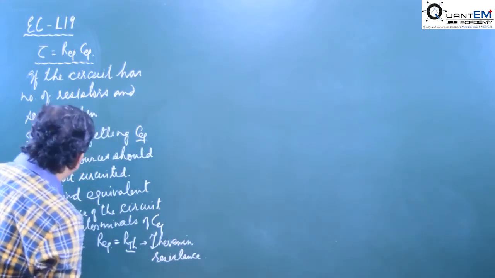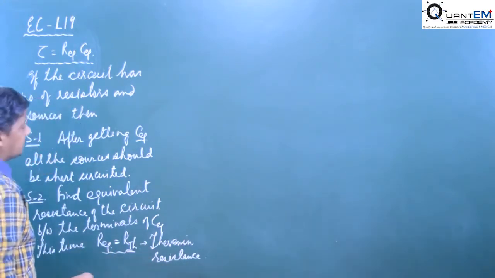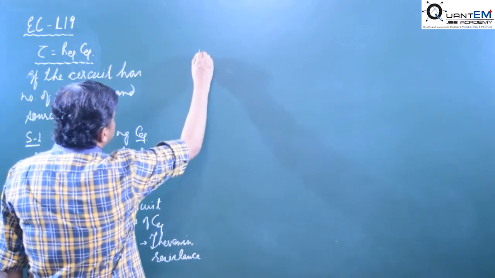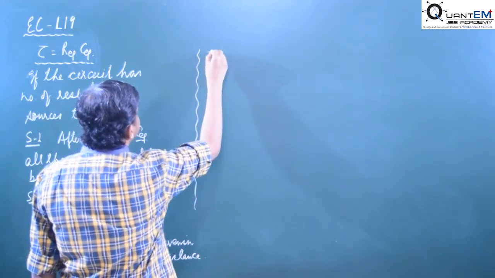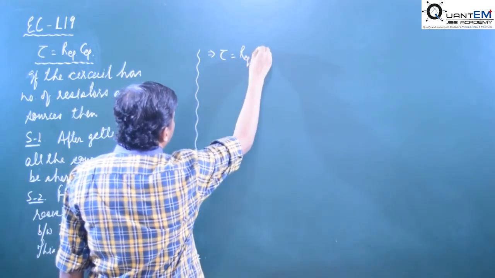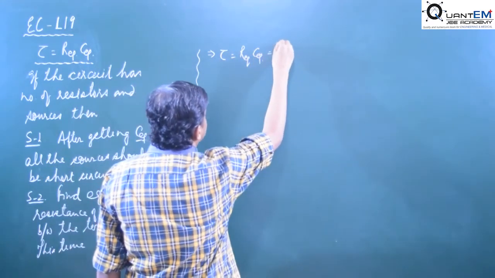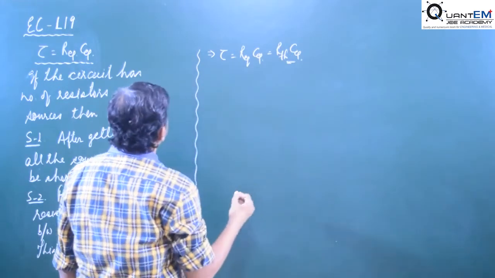So you have to get the value of R equivalent. Then the value of time constant will be R equivalent, C equivalent, that is RTH and C equivalent.